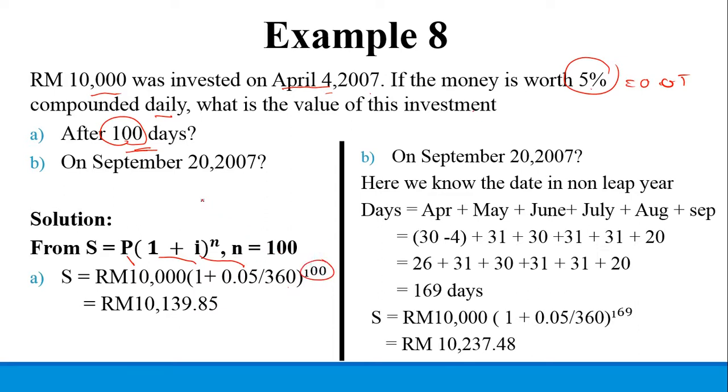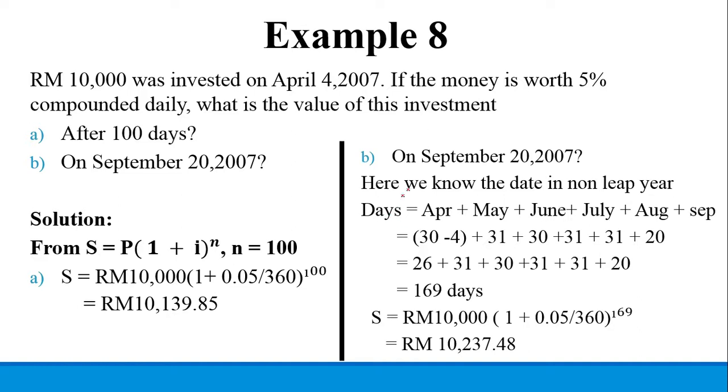Why 100? N equals m times t. M is compounded daily, so 360 multiplied by 100 days divided by 360, you can eliminate again, so it becomes 100. Just calculate, you get the answer.